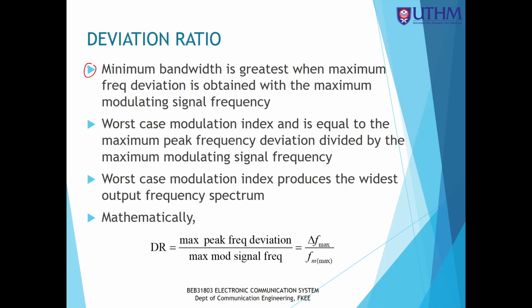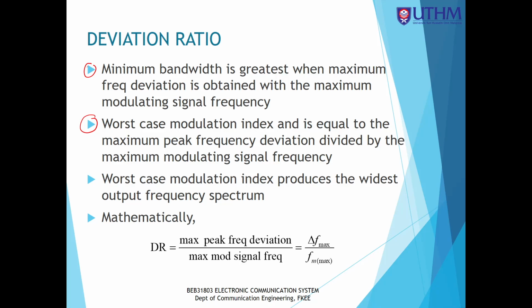It says that minimum bandwidth is greatest when the maximum frequency deviation is obtained with the maximum modulating signal frequency. So the deviation ratio is the worst case modulation index, the biggest value of the modulation index, which produces the widest bandwidth. It is equal to the maximum peak frequency deviation divided by the maximum modulating signal frequency.